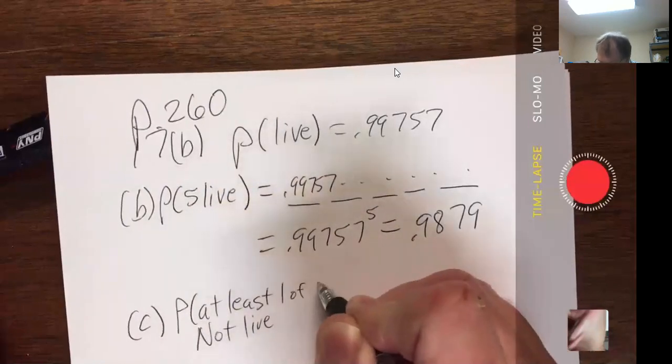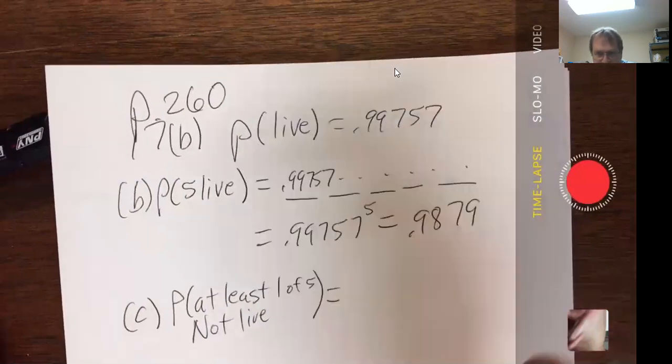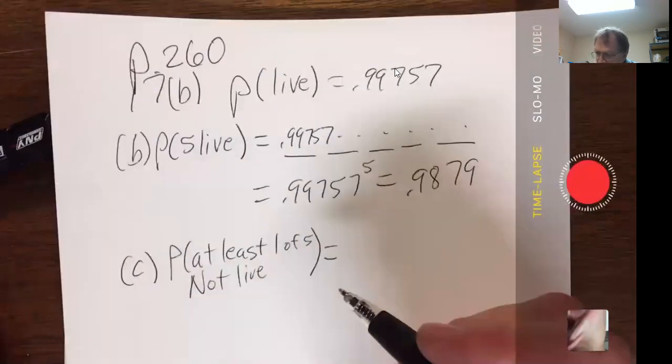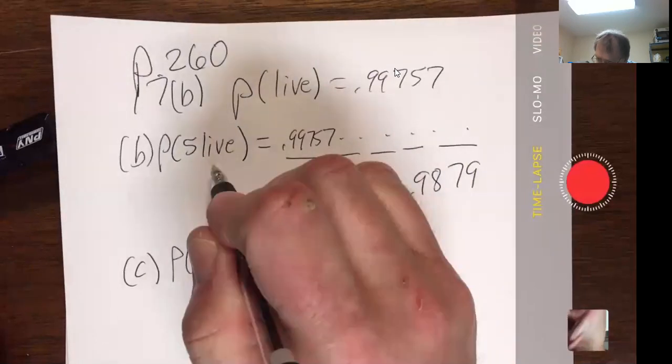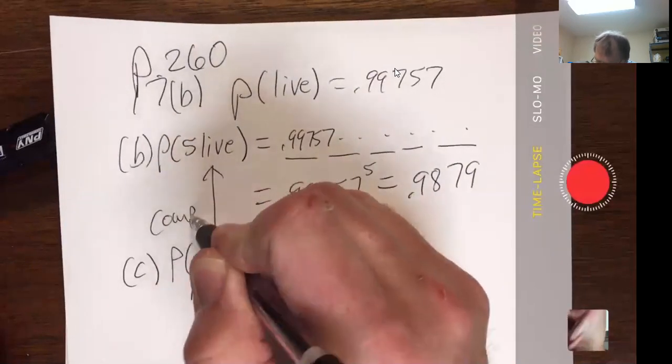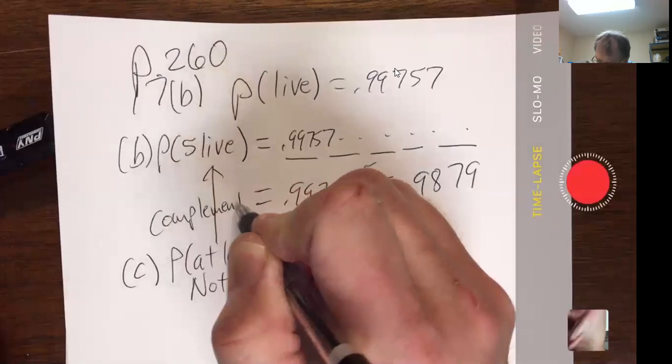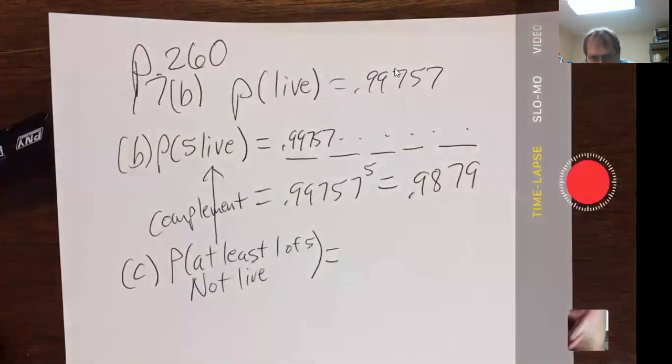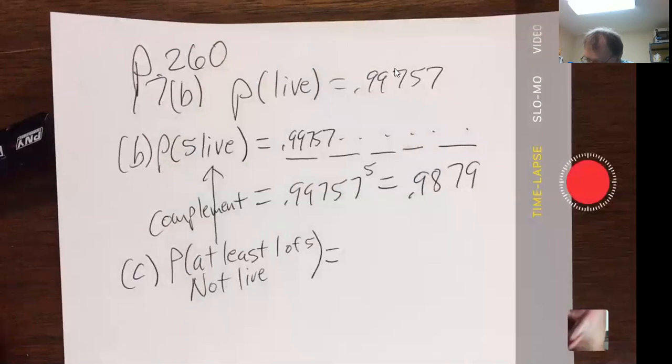1 of 5. All right, now the slick way is to see that this is a complement to this. Now that is obvious to me. Is that obvious to you, or do you need explanation? It's obvious.